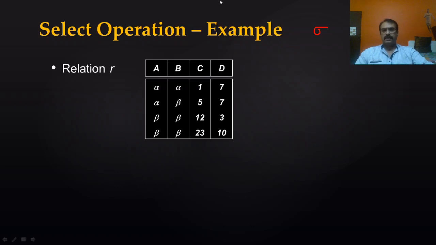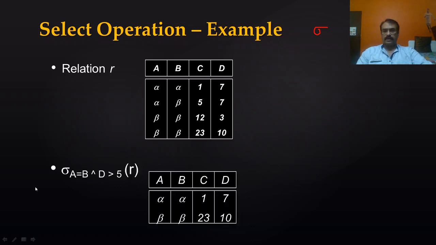So let us consider this is the relation where A, B, C, D are the columns or domains or attributes of that table, and the values are represented by the tuples or rows in this table. Now if I apply some condition here, it will be applied in this way: sigma, and the subscript will be the conditions which you want to put.